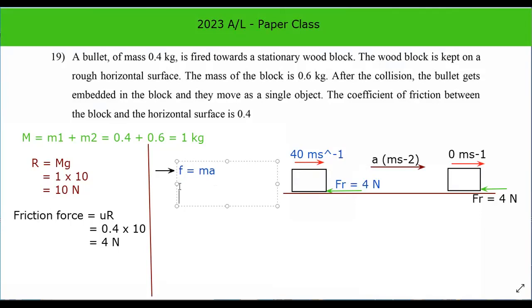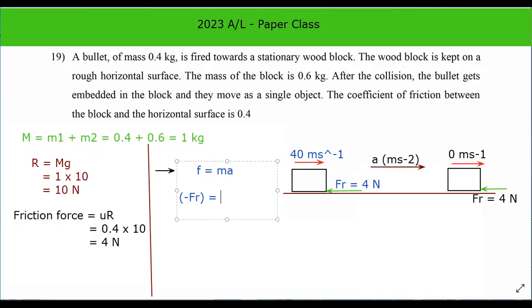They are vectors, therefore we must use the minus sign with the Fr force. When the directions are opposite, we should use the minus sign. That's how we work with vectors.